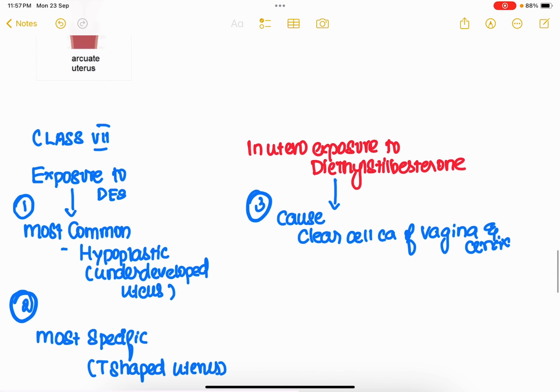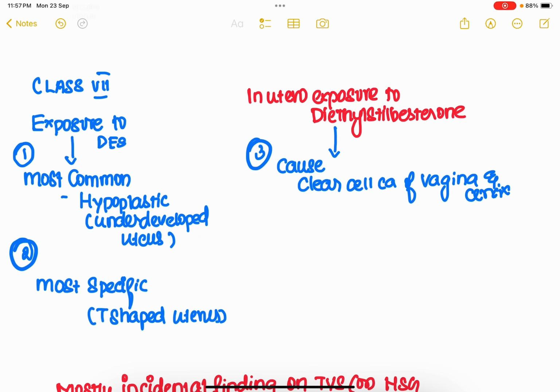Okay. What is class 7 of Mullerian malformation? Class 7 is nothing but in utero exposure to diethylstilbestrol. Diethylstilbestrol is a teratogenic agent. If a female fetus is exposed to diethylstilbestrol in the mother's uterus, it has certain complications. What are the complications?